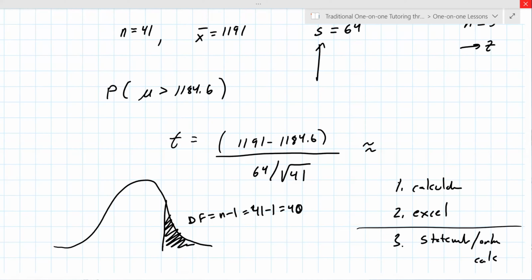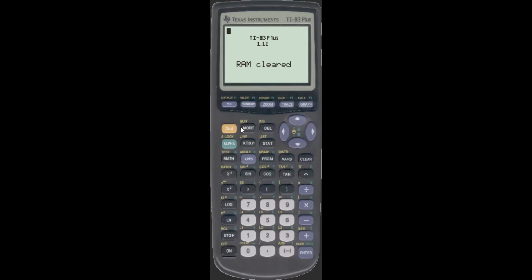All right, I'm going to new share calculator. If you go to second, distribution, you want the TCDF. Let me know when you get there. Yours will probably have a screen that says a bunch of things, and that's what I have to look up.